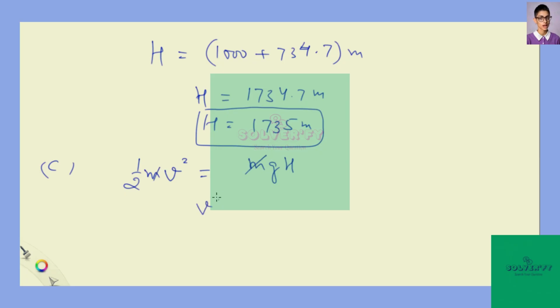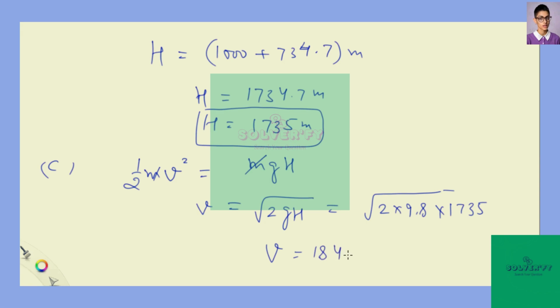So using that, this v square, or we can say this v, will come out to be the square root of 2gh, or this is 2 into 9.8 into 1735. So finally, this v will come out to be 184.4 meter per second, and it becomes the answer for the third and last part of the problem.